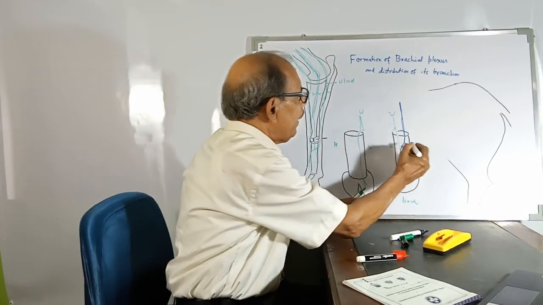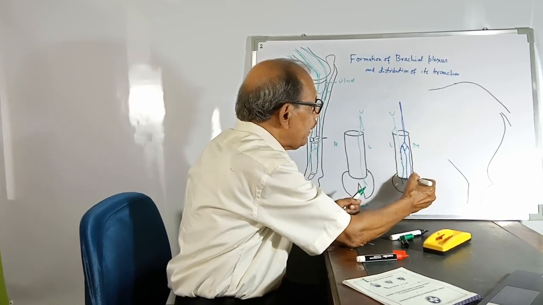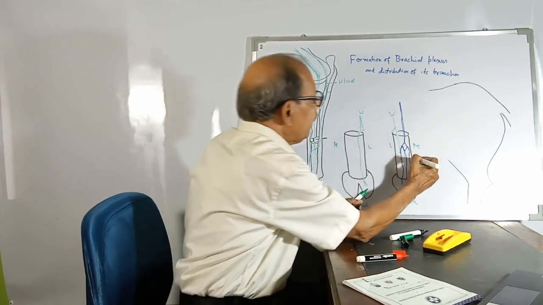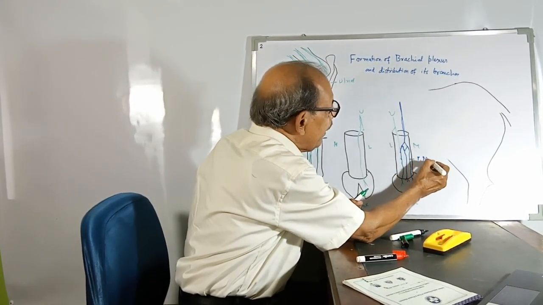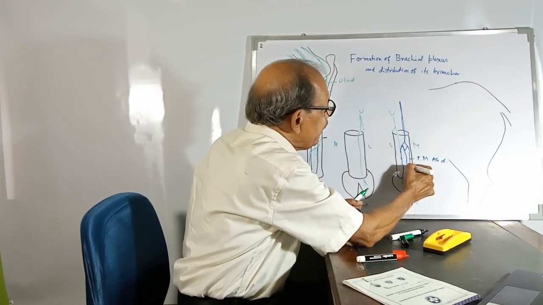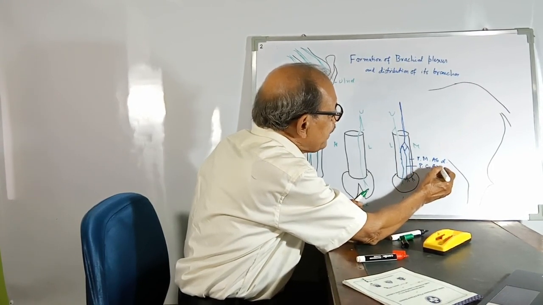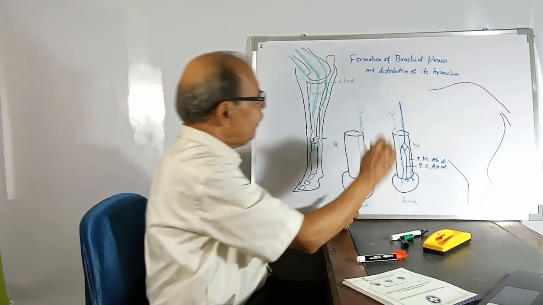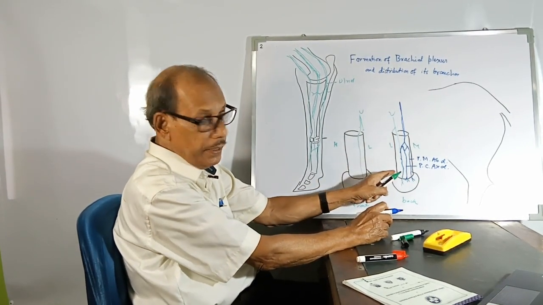The medial one will go along abaxial one, and this will form posterior medial abaxial digital. This is the posterior common axial digital. So three nerves we are getting at the back side.